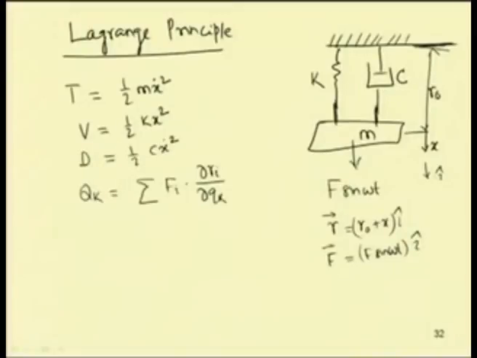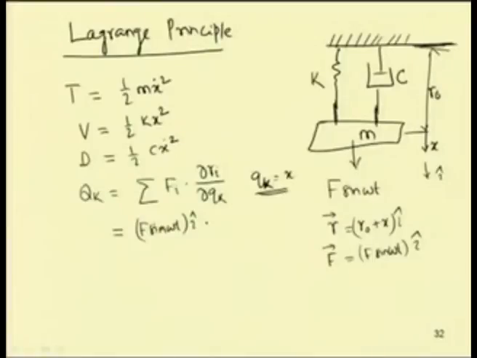So, this is the force and this is the r. We have only one force. So, this q k will be equal to F sin omega t i dot del r i by del q k. Here q k is nothing but our generalized coordinate, that is x.